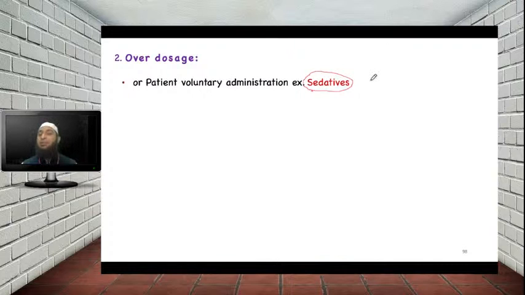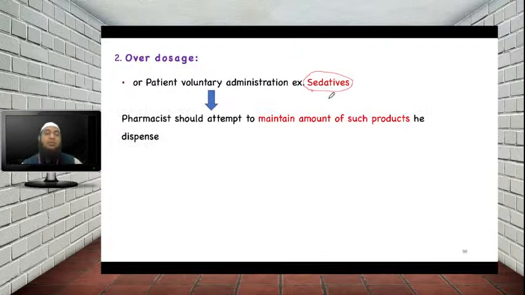Generally benzodiazepines are safe, but if benzodiazepines are not prescribed, then even a few more doses of hypnotic drugs or maybe barbiturates are not good for the patient's health. So the patient's voluntary administration of sedative drugs can also be avoided. To do this, the pharmacist should attempt to limit the amount of such product he dispenses.